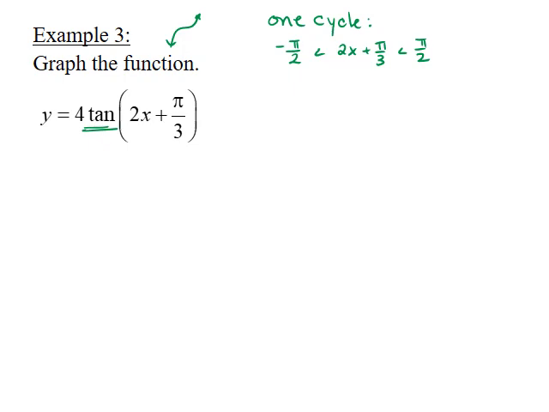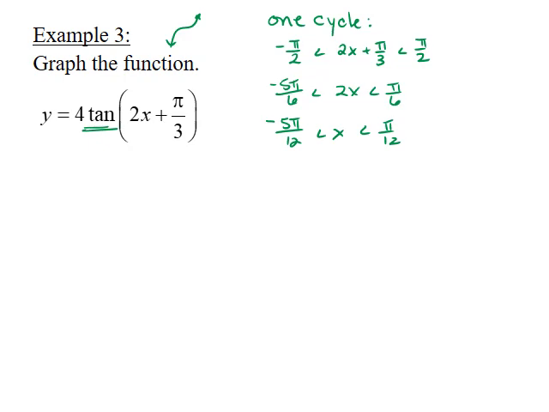I'll subtract pi over 3 from both sides. When I do, this is negative 5 pi over 6, and this is pi over 6. Divide by 2 is the same thing as multiplying by 1/12. So this is negative 5 pi over 12 and pi over 12.